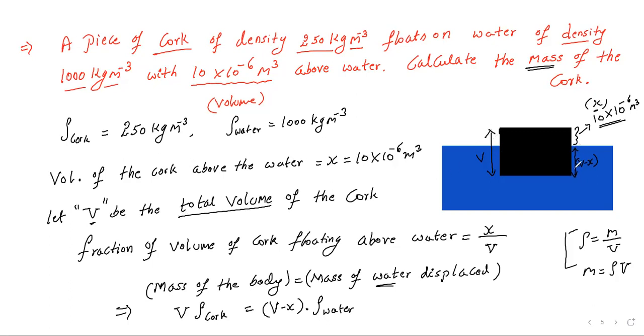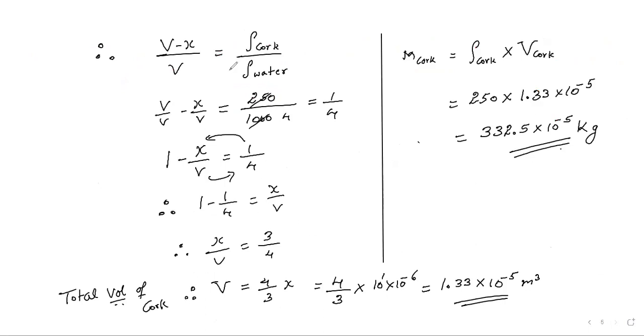Then the remaining part which is immersed is V minus X. Then the fraction of the volume of the cork floating above the water will be X by V. According to Archimedes' principle, the mass of the body is equal to the mass of the water displaced. I expressed the mass in terms of density and volume on both sides and substituted all the values. First, I found the total volume of the cork. After that, I found the mass of the cork.